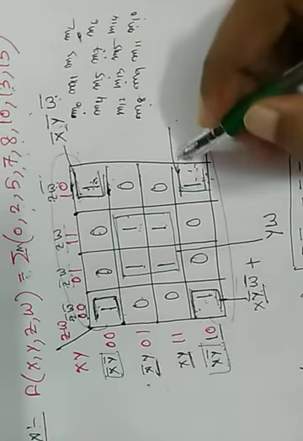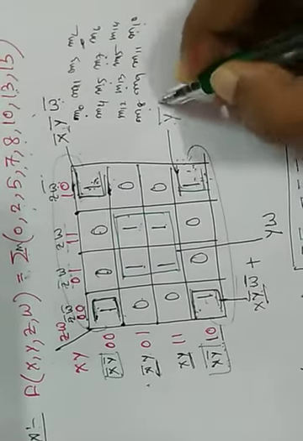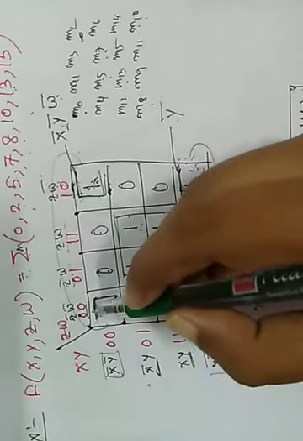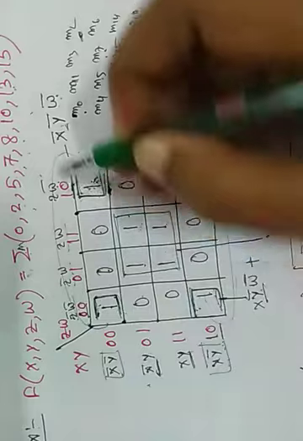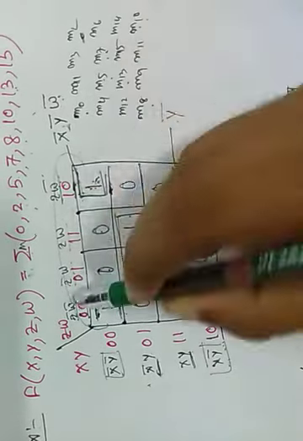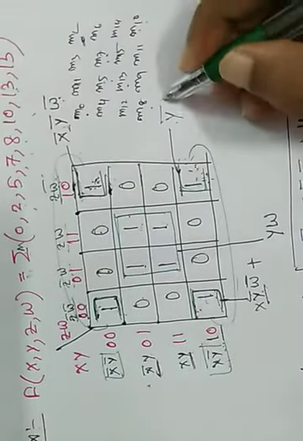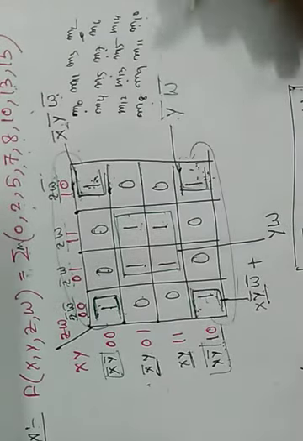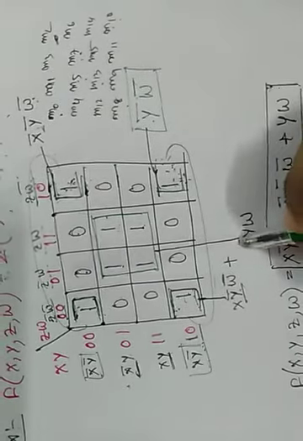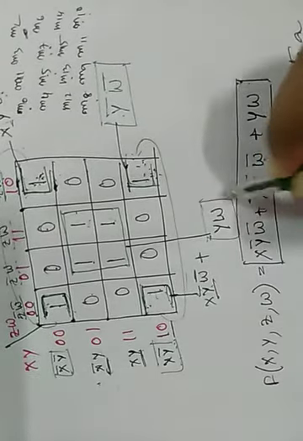Y bar is common, so for this y bar is taken, and for these four ones we have to consider these two vertical columns. So z bar w bar, z w bar, which one is common? W bar is common, so w bar is taken. So this is one value, and for this we get another value.